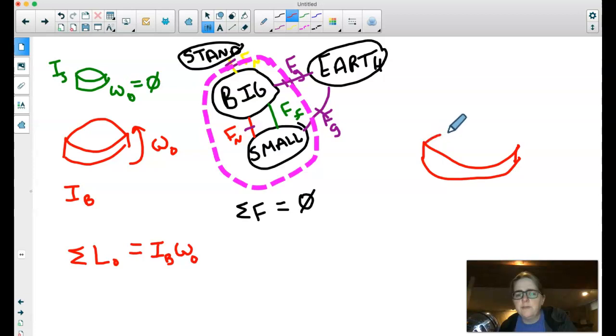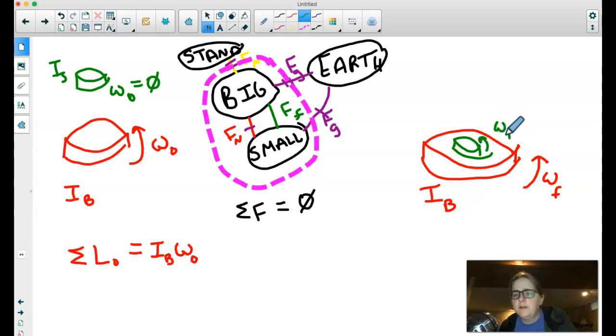Now, if I do my final sketch, and as you can see from the quality of my drawings, I will definitely not judge anyone else's artwork. Now it's got some final angular velocity. If I think about just the big disk, its rotational inertia on its own hasn't changed. But now I've got this little disk rotating with it.